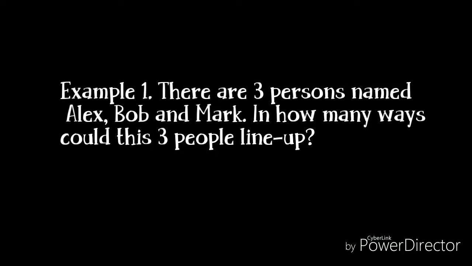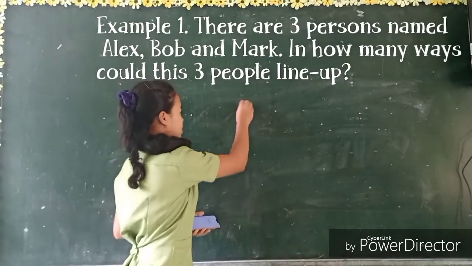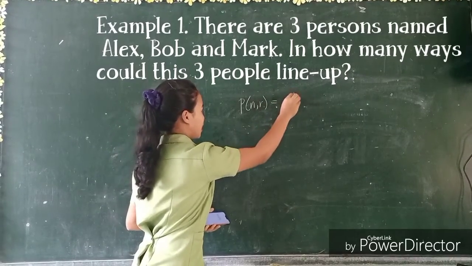Let's have another example. If there are 3 persons named Alex, Bob, and Mark, in how many ways could these 3 people line up? We will use the formula P(n, n) = n!.